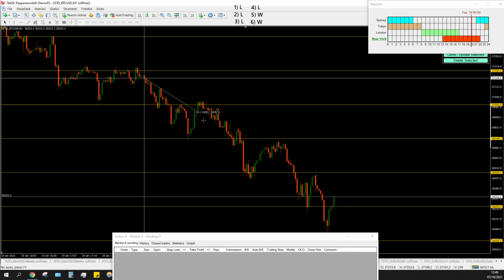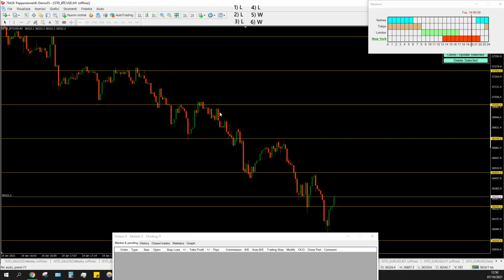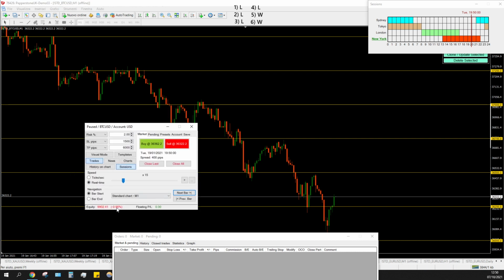We would have left here, 45 pips is here. It probably would have been stopped out here, so it's fine. And this is it. So as you can see, minus 0.98. So we got loss, loss, loss, loss, win, win, minus 0.98. Very good. See you guys next time.